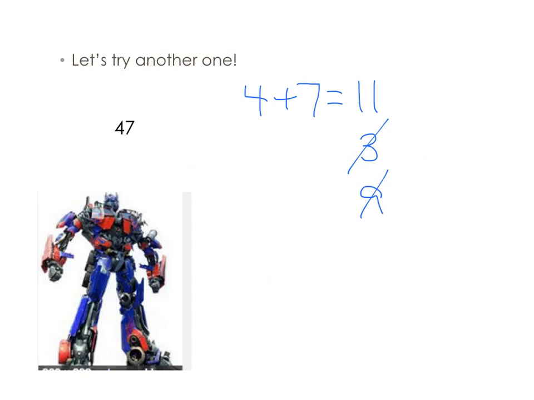It's not an even number, so it can't be 4. It's not an even number, so it can't be 8. And I know that 7 times 7 is 49. So there are no other factors for 47 except for 1 and itself. So I have myself a prime number.